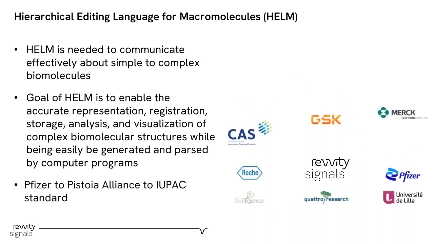So from a historical perspective, scientists at Pfizer first developed this technology, and through the Pistoia Alliance, which is through many companies, including but not limited to BMS, GSK, Revvity Signals, and Roche, brought an evolved HELM to the community and where it is today, which is now an IUPAC standard. And I think this is quite an important point because it showcases why it is increasingly critical for tools to provide the ability to model HELM and support its functionality in an intuitive way.